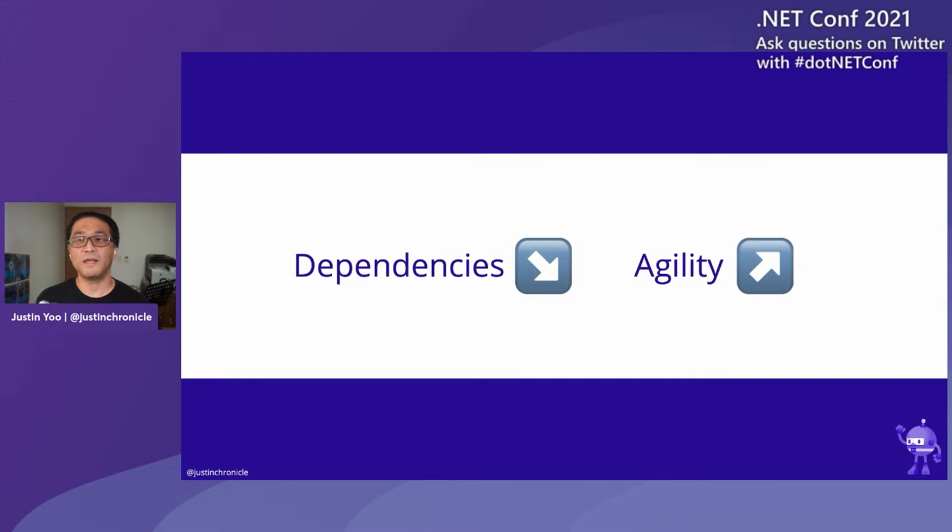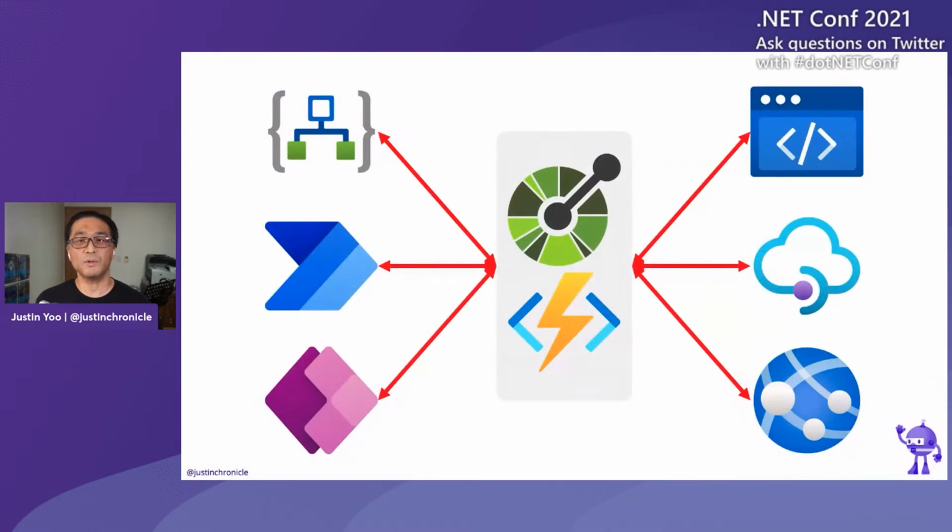Therefore, they can drop their interdependency and increase their agility of development speed. Also, with OpenAPI, we can integrate as many applications as we want, like Logic Apps or Power Platform through custom connector, or API Management, App Service, or Static Web Apps, and so forth, as long as they support OpenAPI.